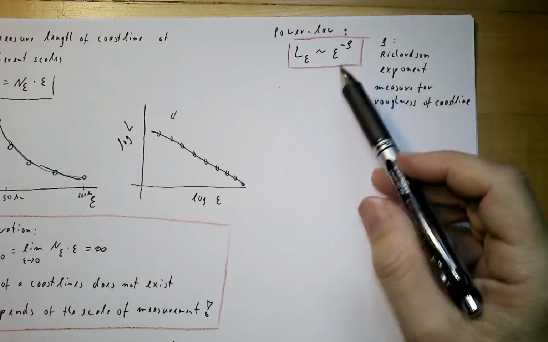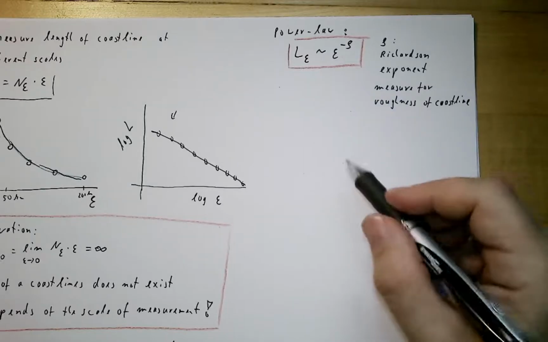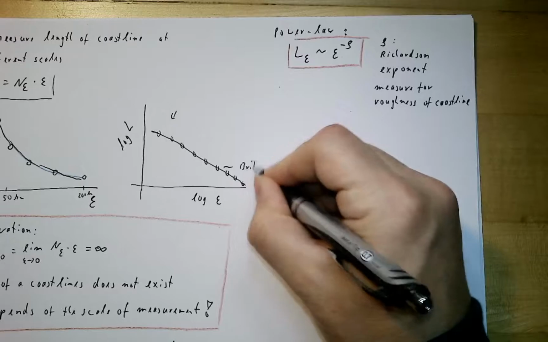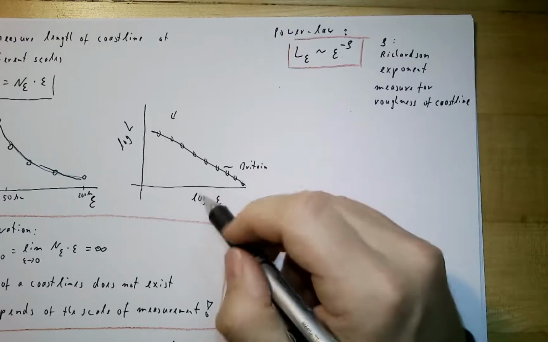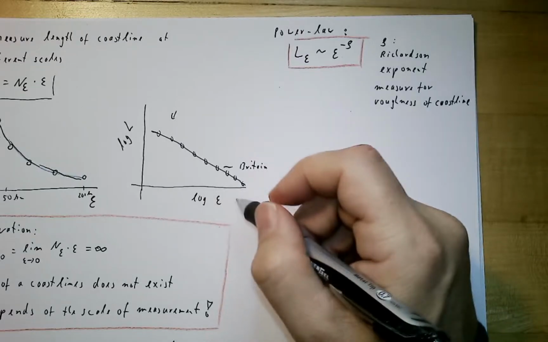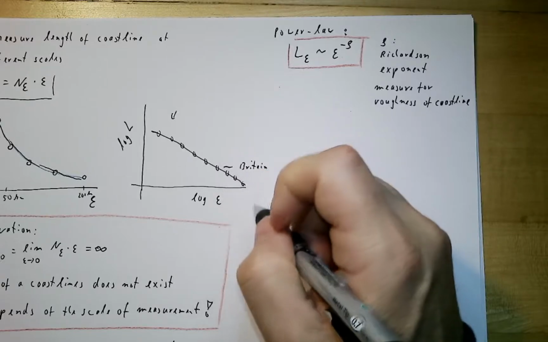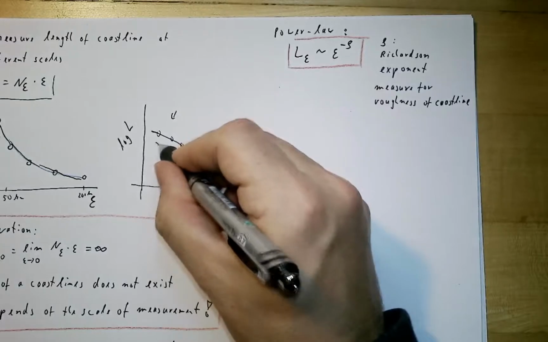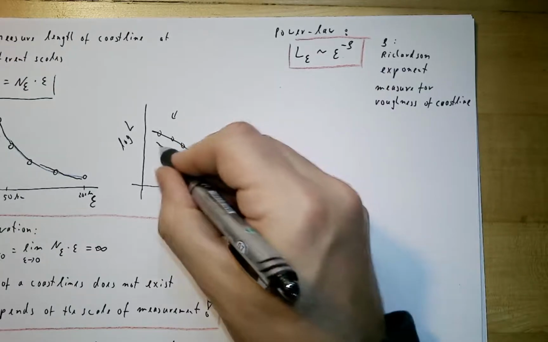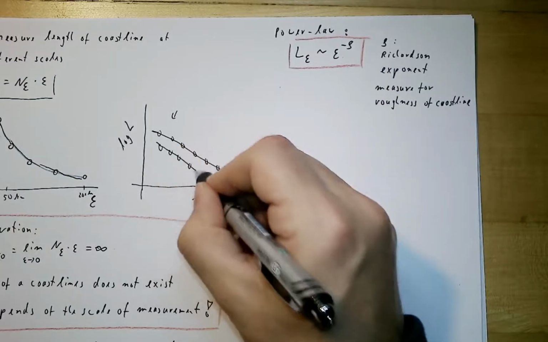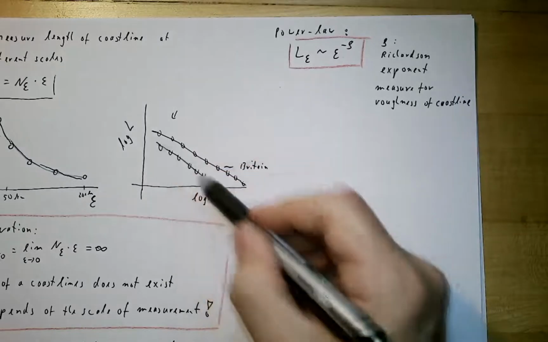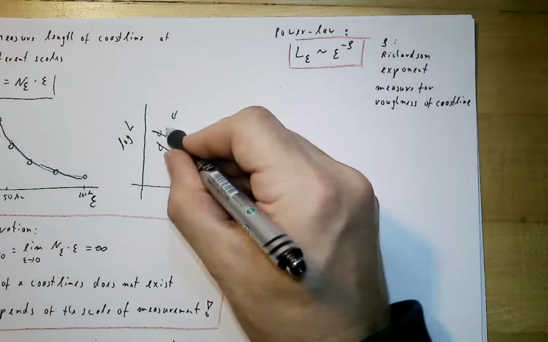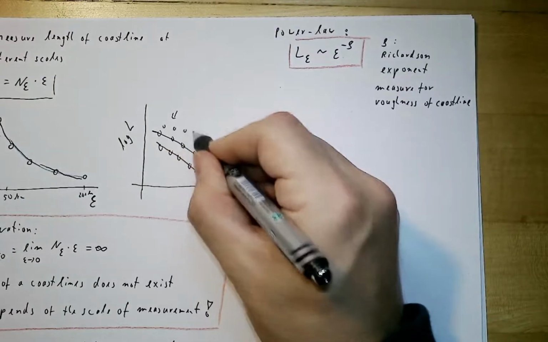And now you can take other coastlines. So that was here Britain. And now take another coastline, for example Portugal. That was the coastline where Richardson was first interested. We have again a power law, but with a different exponent. We have Germany, it's not so rough.